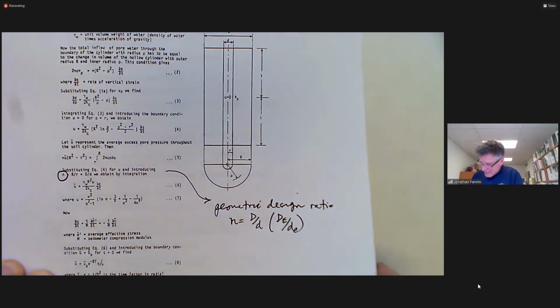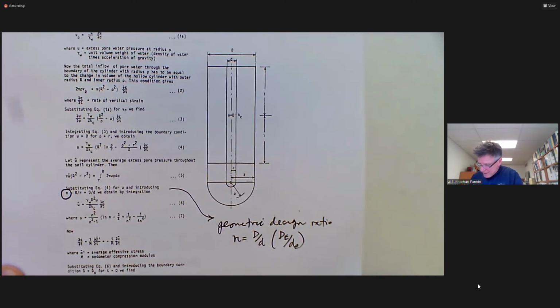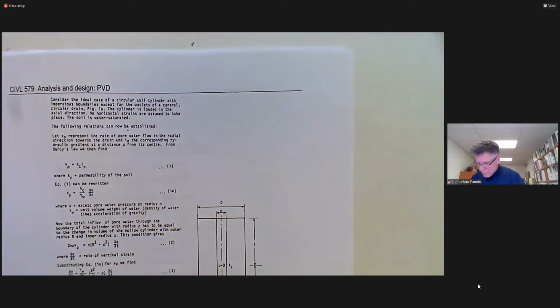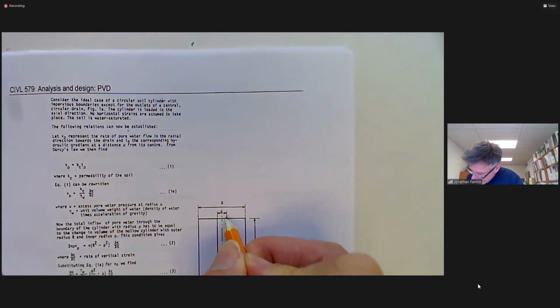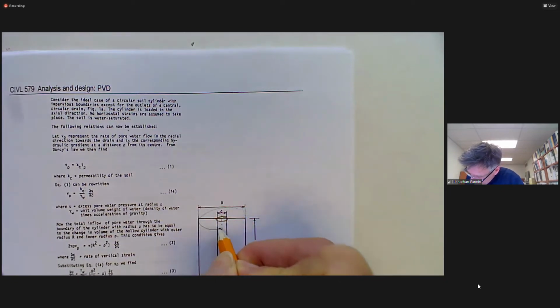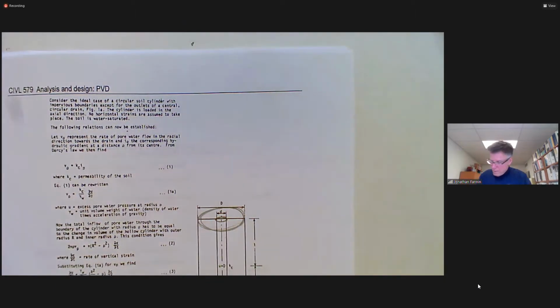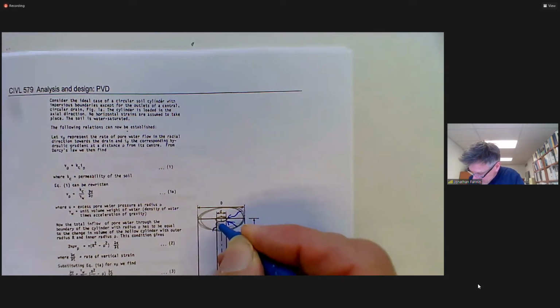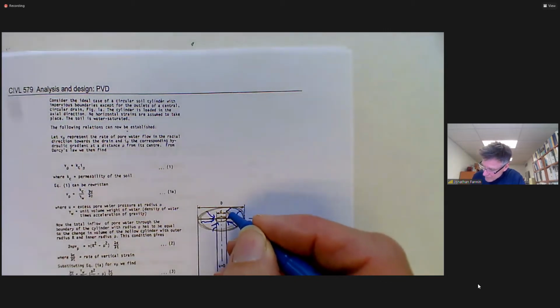Now, what's happening? Let me describe what's happening, and that will then allow us to jump into the derivation. Okay. Here is, if I was to look at it from a surface point of view, there's the equivalent circular drain, and this is looking at the equivalent cylinder that's being drained. Okay, so we have radial drainage into this central annulus.